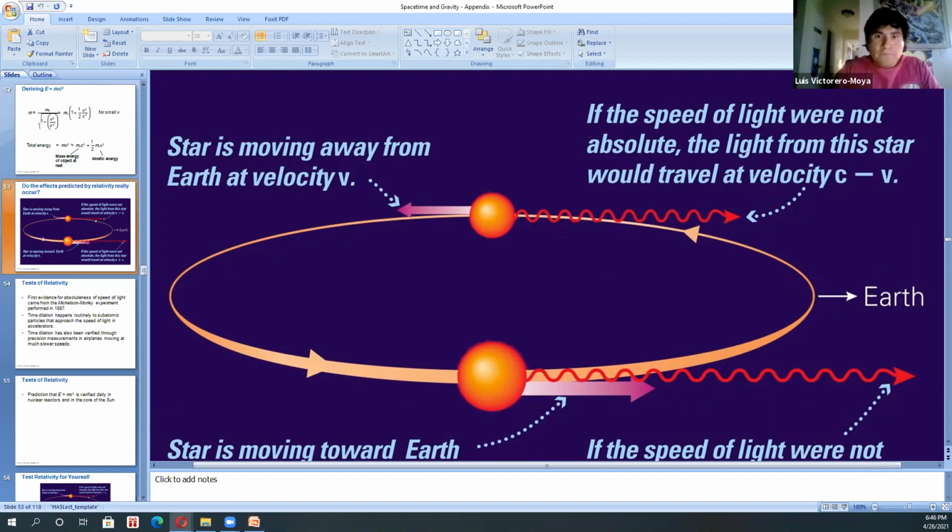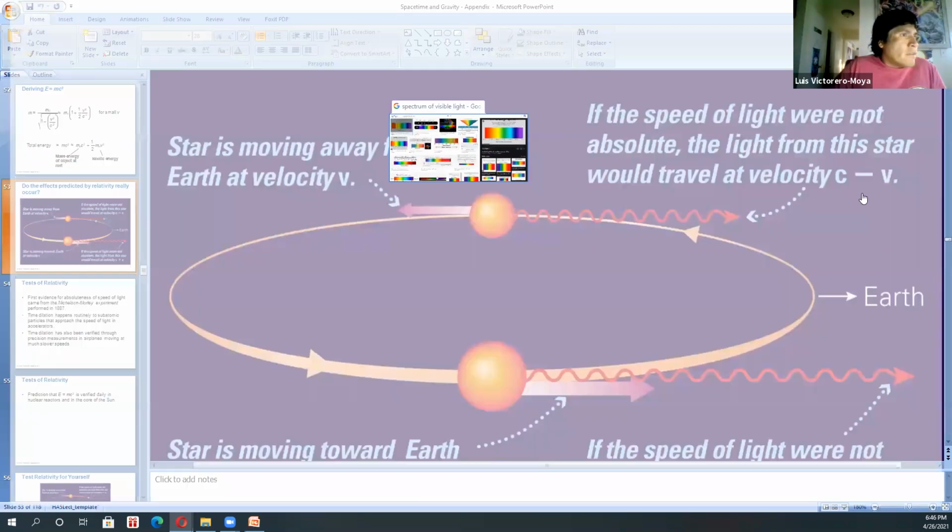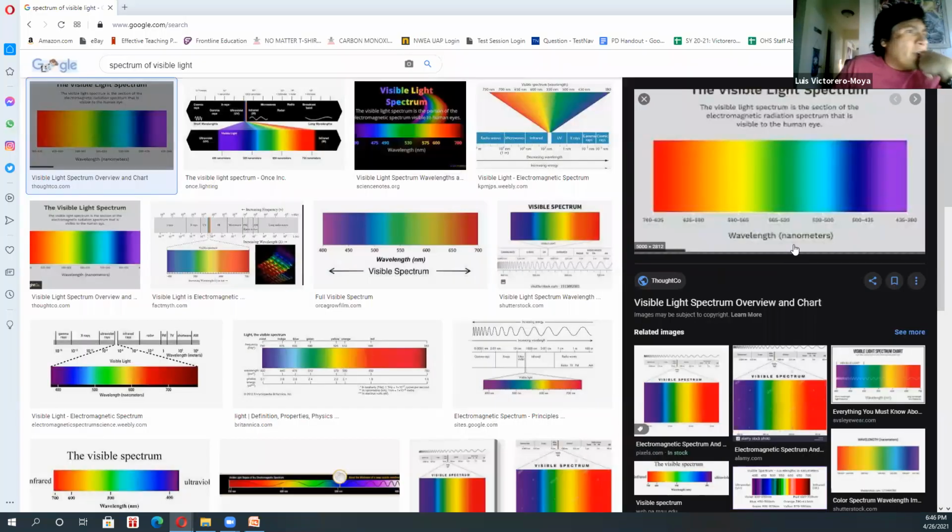So if you remember, the spectrum of visible light goes from red to purple, right? Purple, blue. Here. So the wavelengths are increasing here and decreasing here.